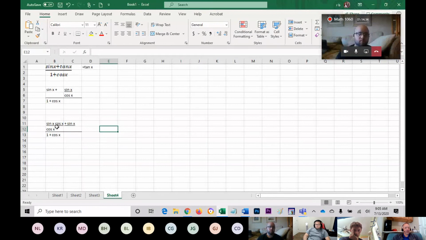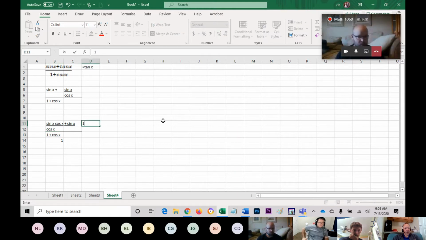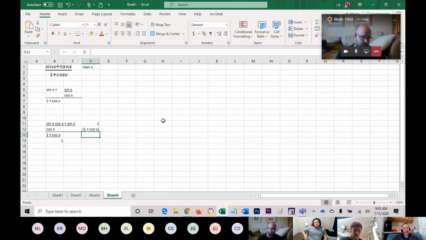Okay, so now here's what we're going to do. We're going to flip this denominator. Remember, this is over 1, right? So we've got 2 fractions here. So I'm going to flip the denominator, and I'm going to multiply it over here. So this won't be here anymore. So this is going to be 1 over 1 plus the cosine of x. Okay?